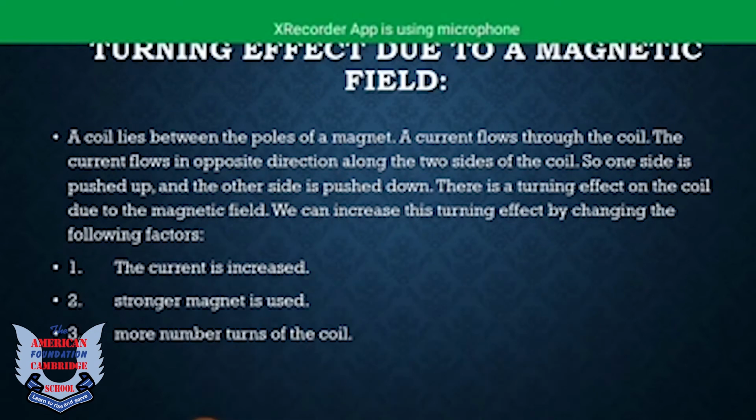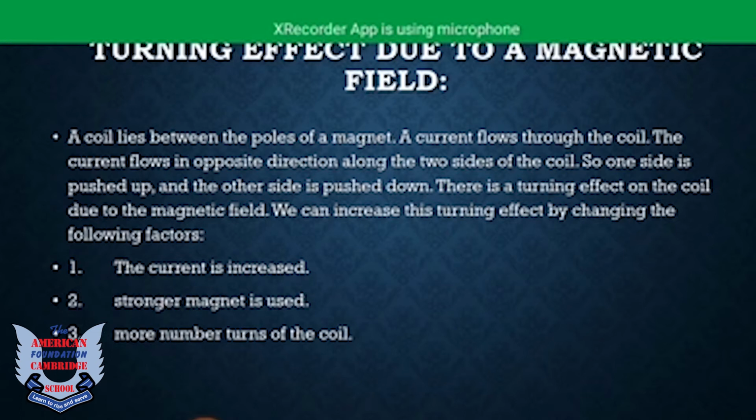Now, the turning effect due to a magnetic field. Whenever a coil through which current is flowing lies between the poles of a magnet, within the magnetic field, there will be a turning effect on that coil due to the magnetic field.